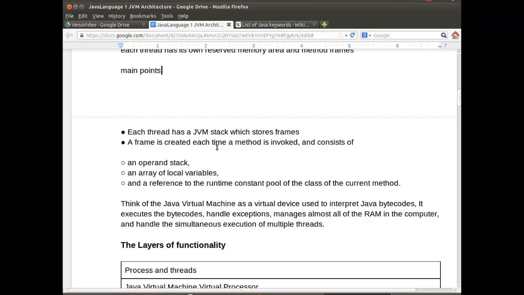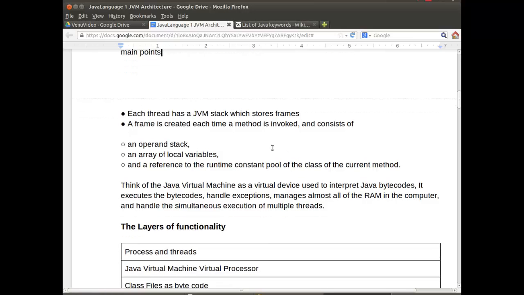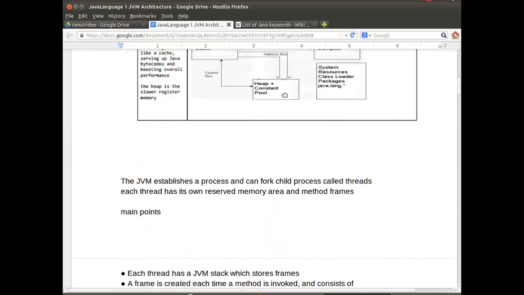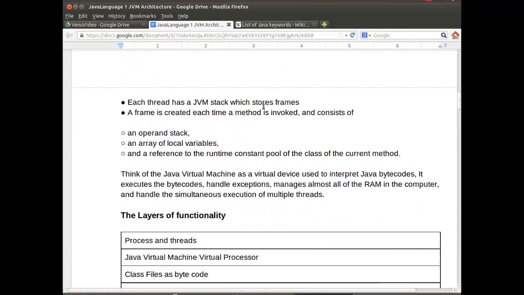A frame is created each time a method is invoked and consists of its own stack, an array of variables, and a reference to what's called the constant pool. This is the part of the memory where the Java virtual machine stores constants, things that do not change.